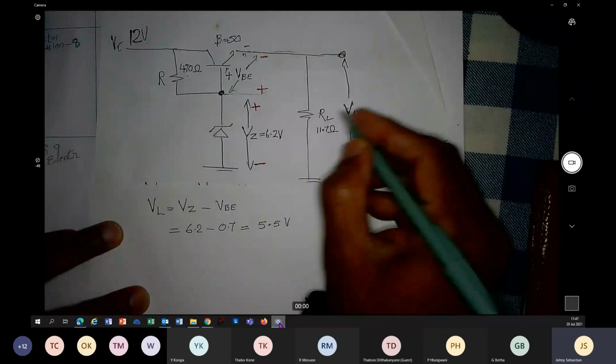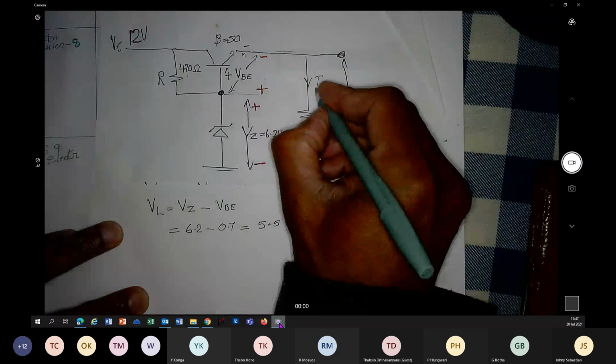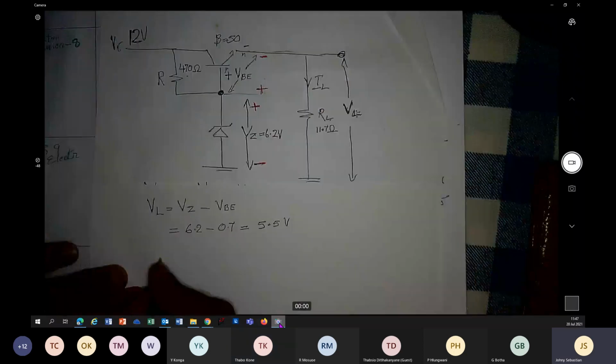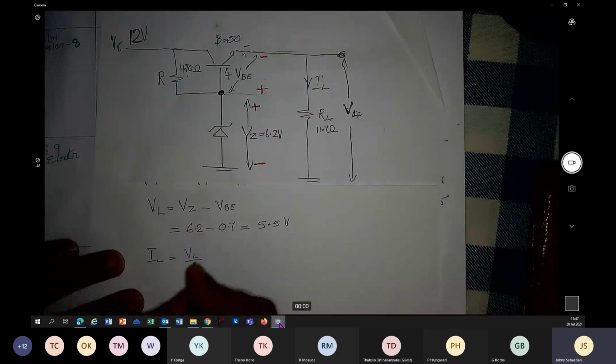What is next? VL we found. We know the value of RL, so we can find the value of load current. IL equals VL over RL.